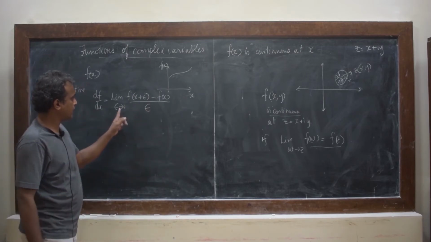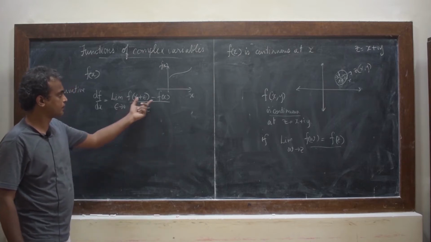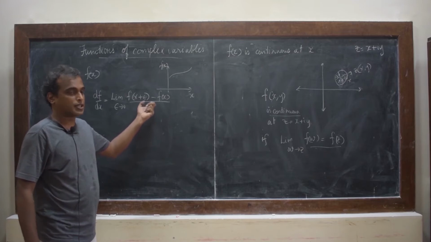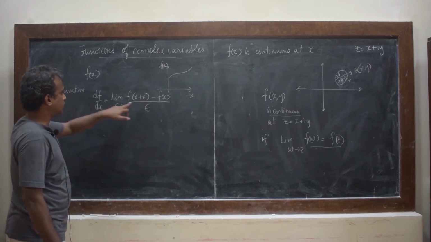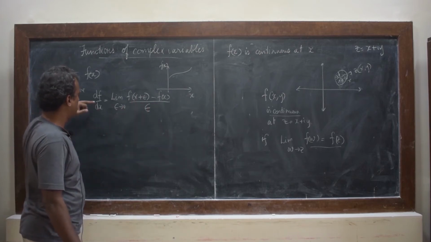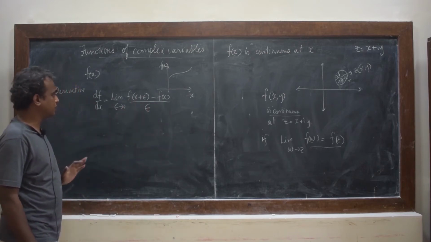So, in the limit when epsilon tends to 0, this ratio, which sort of gives us the rate of change of f of x as you move from x to x plus epsilon, defines the derivative of that function.